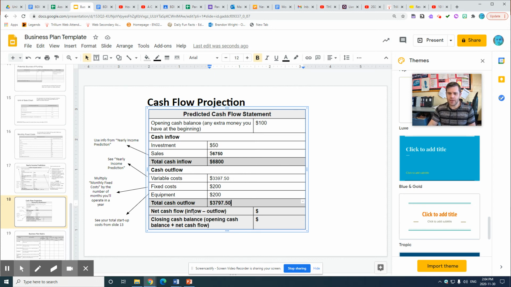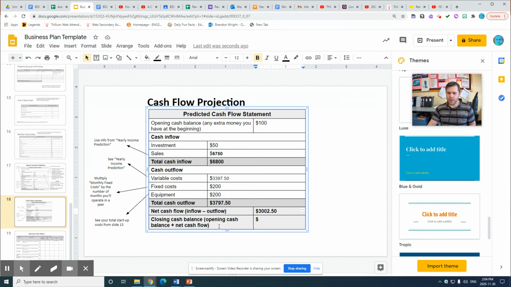I take my total inflow, subtract my outflow, and that will tell me my net cash flow. So 6,800 minus 3797 and 50 cents. So my net cash flow is 3,002.50.